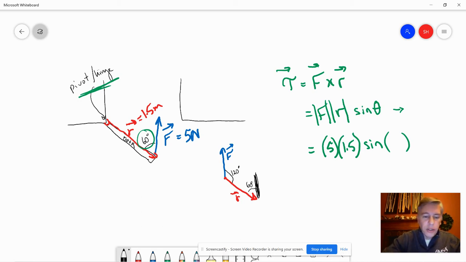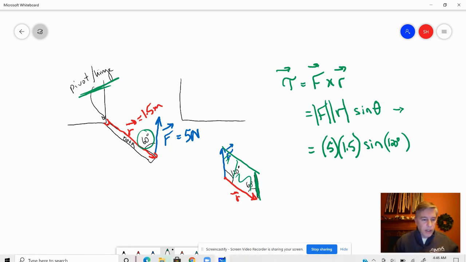And here's the cool part: the sine of 60 degrees is equivalent to the sine of 120 degrees. They're both equal to each other. So the nice thing is I don't have to worry whether I use the 60 or not. And then, like they showed in the video, what you're actually finding is the area of this little parallelogram right there.